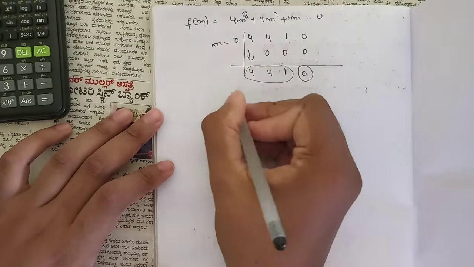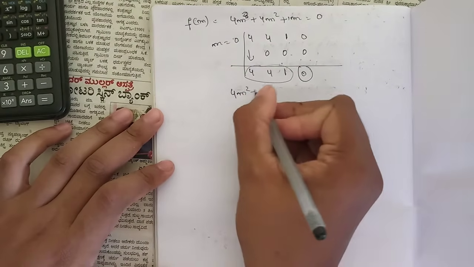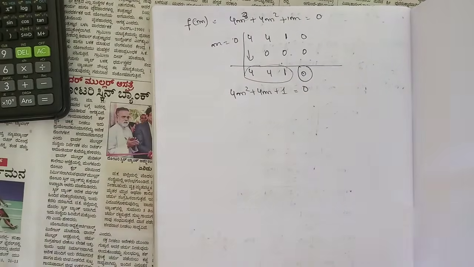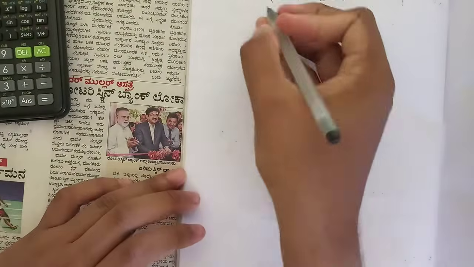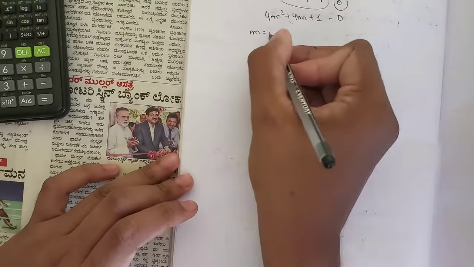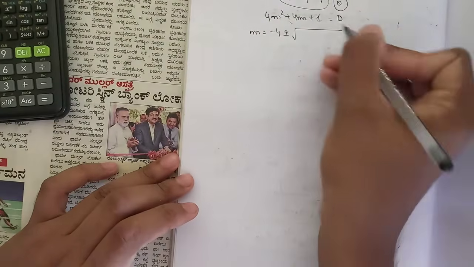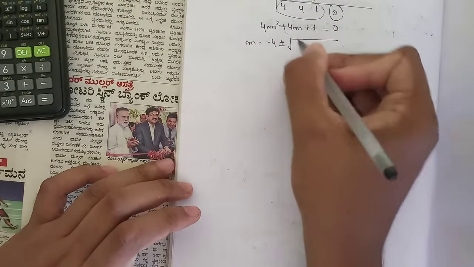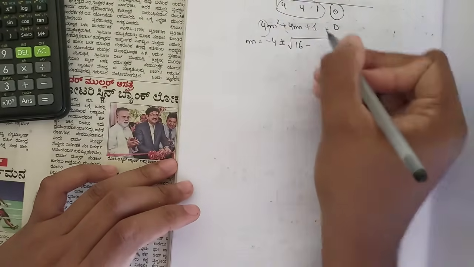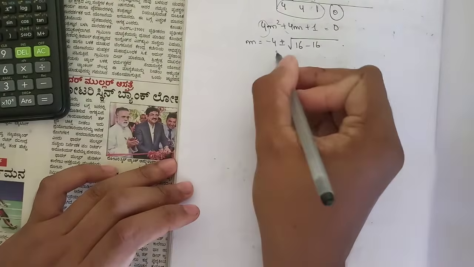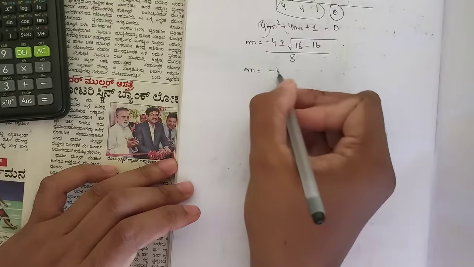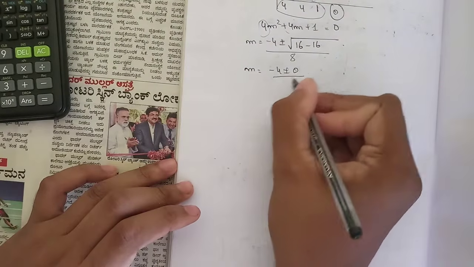Now in this, let's write the quadratic equation, that is 4m square plus 4m plus 1 is equal to 0. Now apply the quadratic formula. m is equal to minus b, the value of b here is 4, so minus 4 plus or minus square root of b square, that is 4 square is 16, minus 4 into a into c, that is 4 into 4 into 1, again 16, divided by 2a, that is 8. So m is equal to minus 4 plus or minus the square root of 16 minus 16, which is 0, by 8.